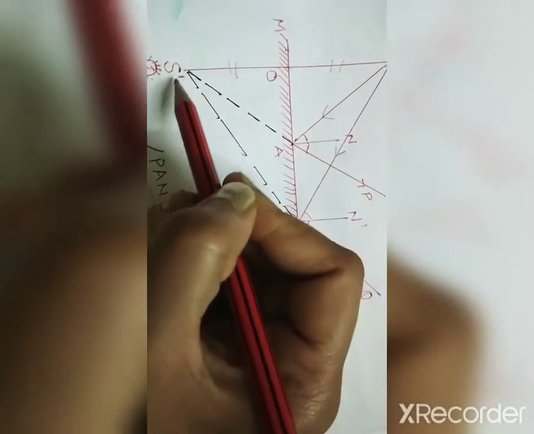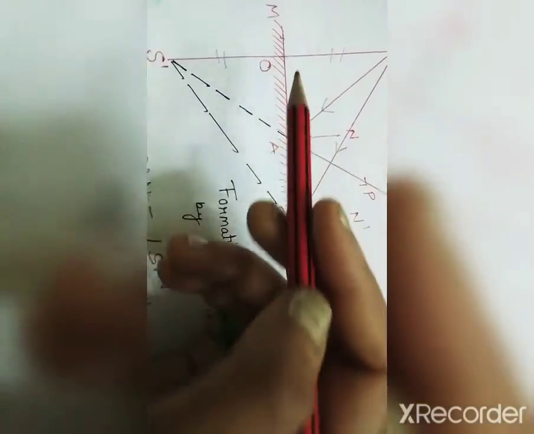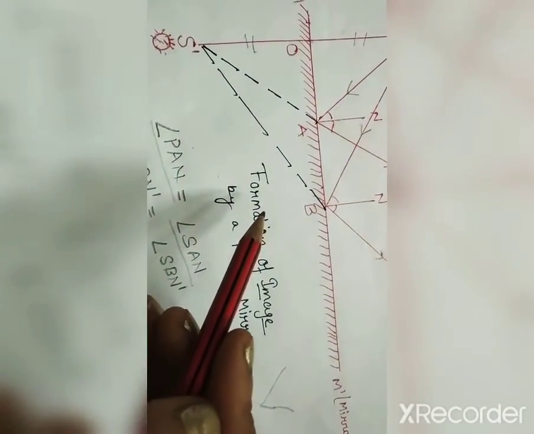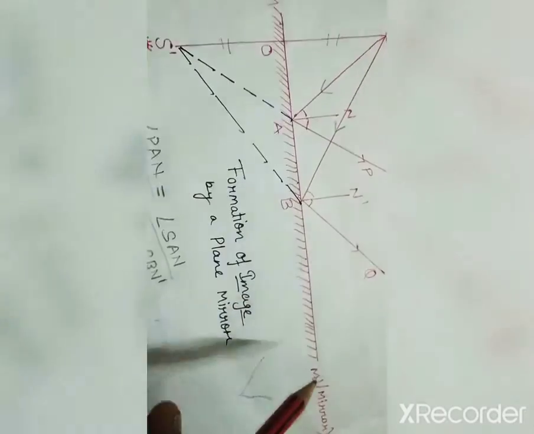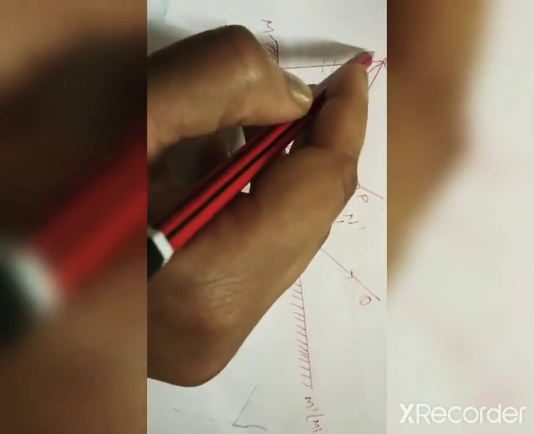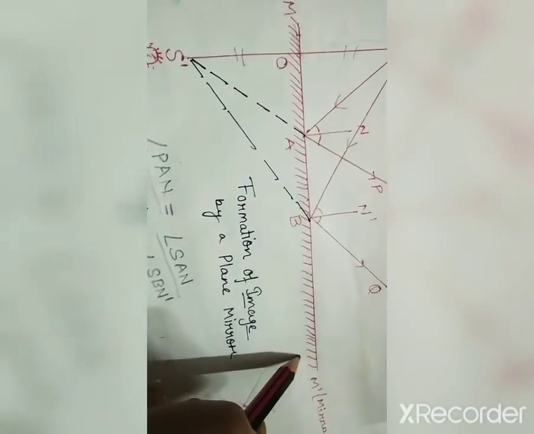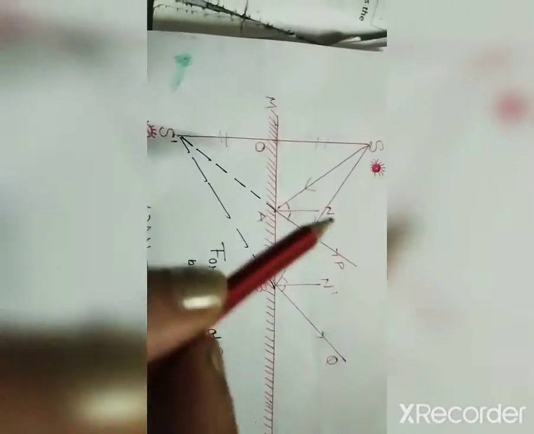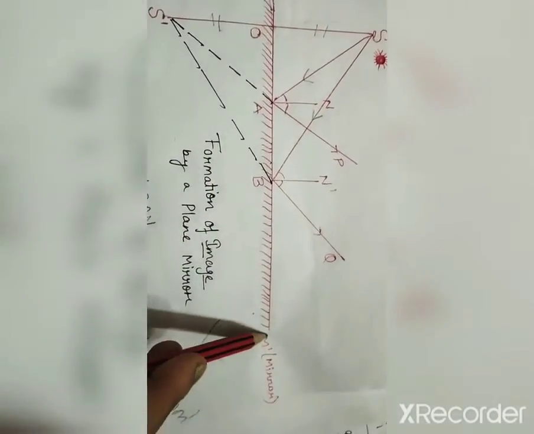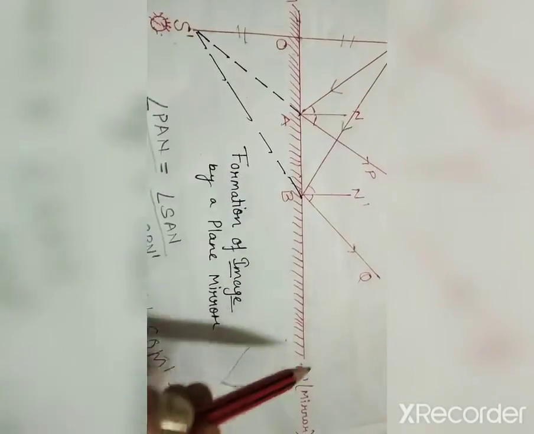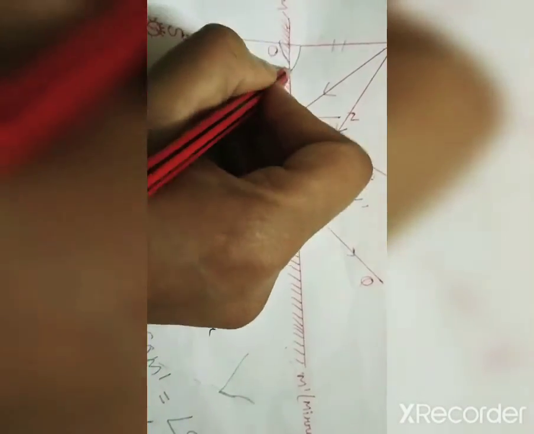It is clearly visible that both these will be equal to each other, and same like that angle SOM dash will be equal to the angle S dash OM dash, because both are 90 degrees. You can easily see it also. Both will be equal to each other.